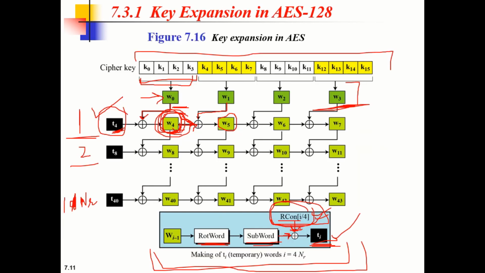So this is how the expansion process goes on until we reach the last word, or until we generate the last key for the whole AES process, right?